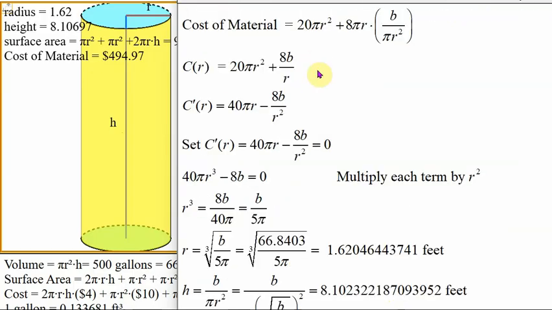For the cost of material, we simplify this term and get 8 times B over r. Now the cost is a function of the radius, a function of r, and we want to minimize the cost. So we'll take the derivative of cost with respect to r.